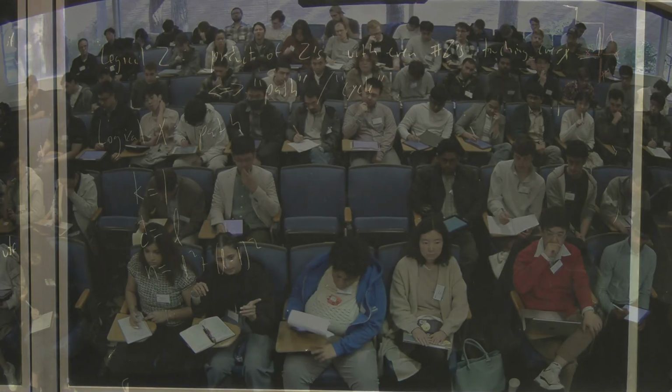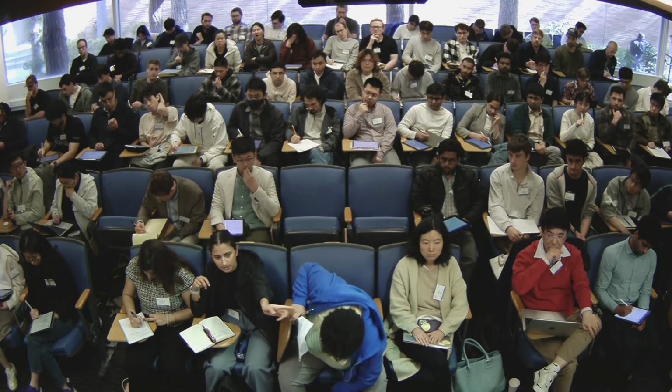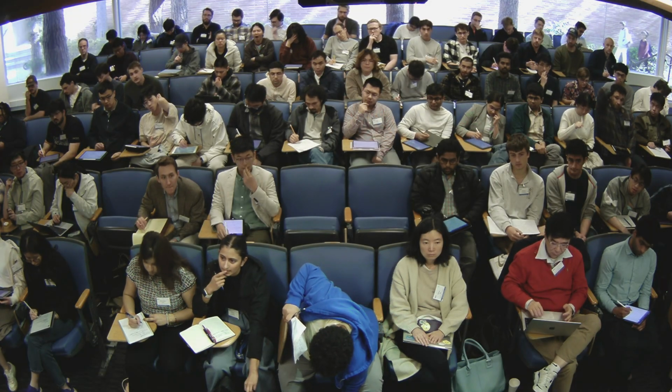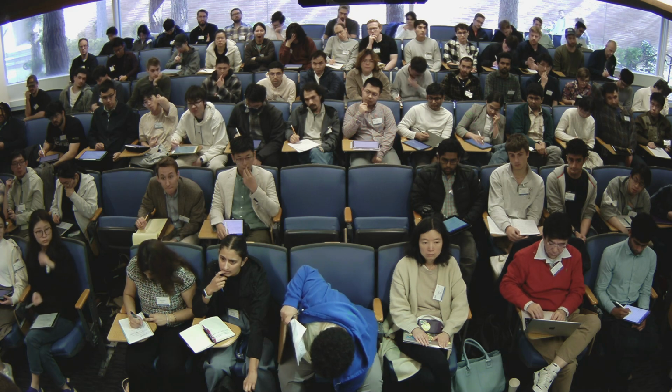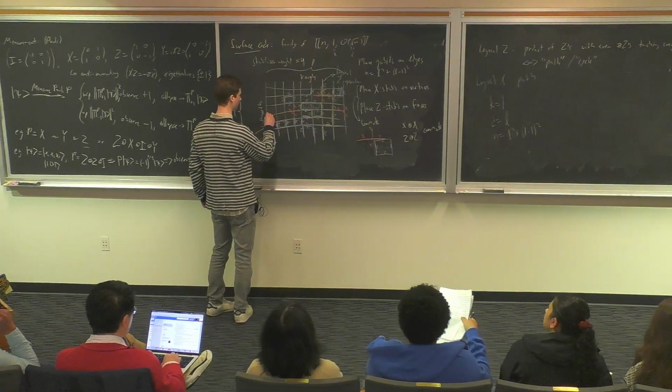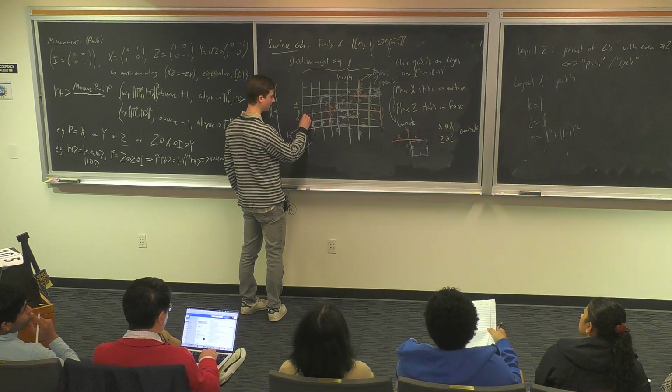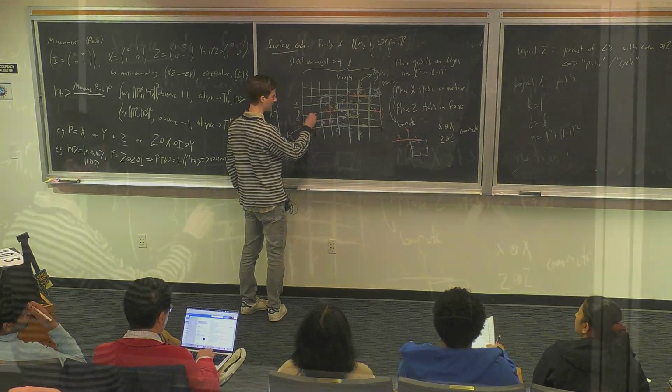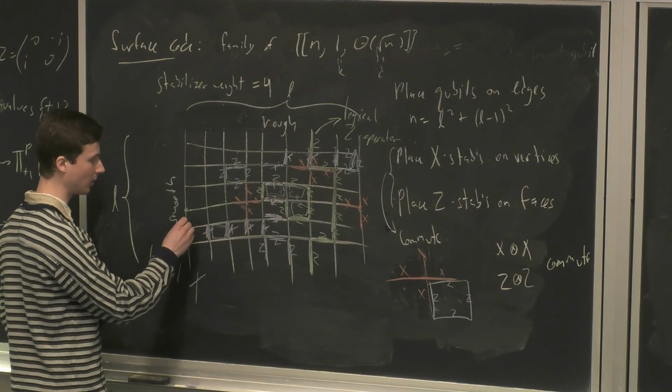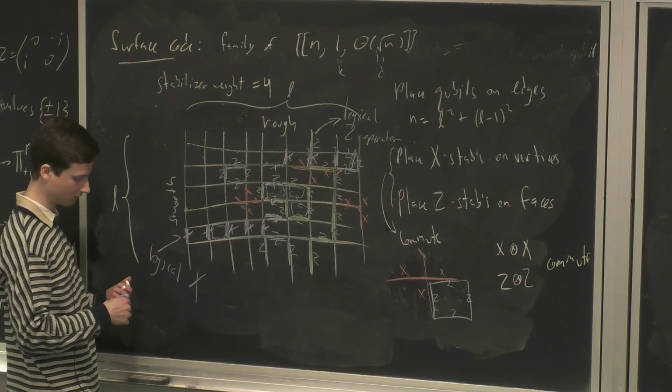Yes? Why can't the logical Z operator go from smooth to smooth boundary? Oh, yes, great question. So if we try to start here, and then we start going across, the problem is we have an X stabilizer at this vertex.